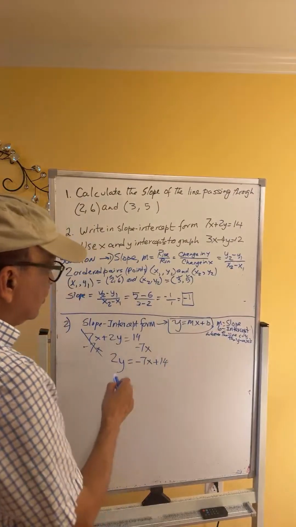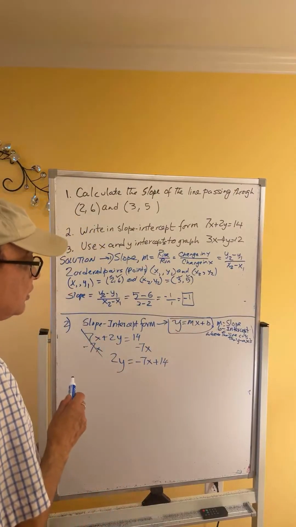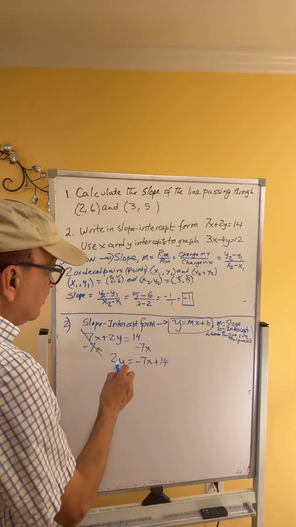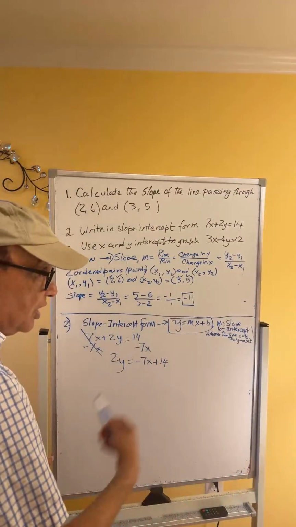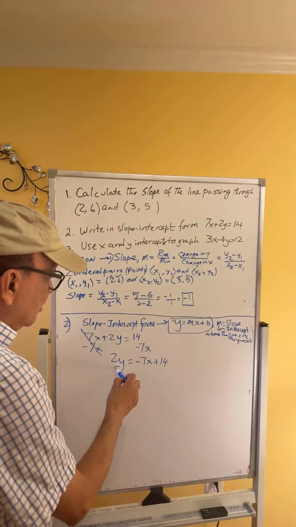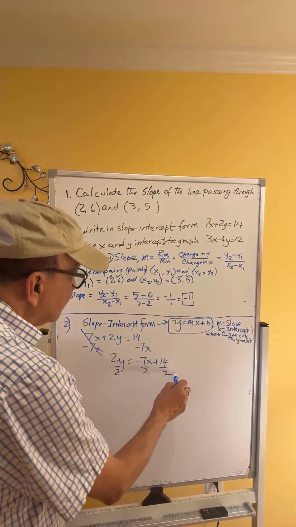Now we have to remove the coefficient of y, or the number in front of y. We can do that because it's 2 times y. We do the opposite. Multiplication opposite is division. We divide by 2 on both sides.